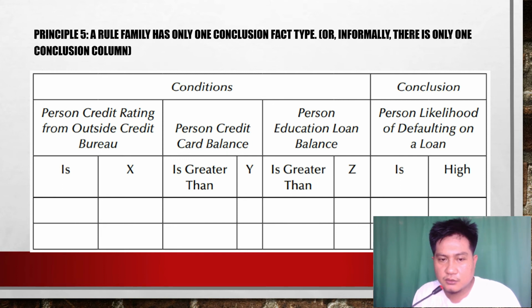So we have to at least fill up this first condition so that we can come up to a conclusion. That is principle 6A, or the first sub-principle of principle 6.